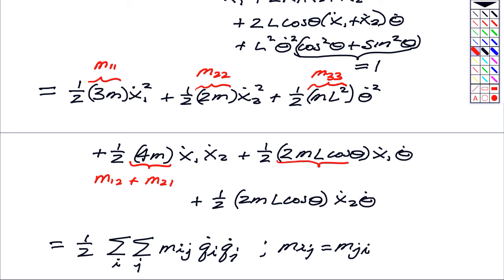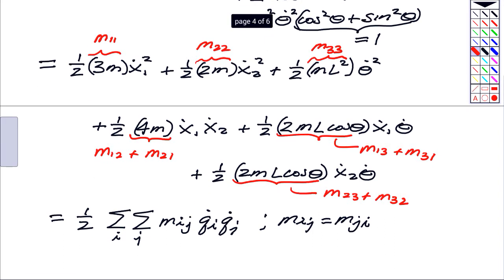This will be the sum of m13 and m31. And this will be the sum of m23 and m32. That's just looking at the form of our double sum.